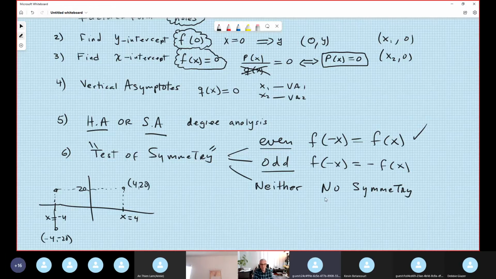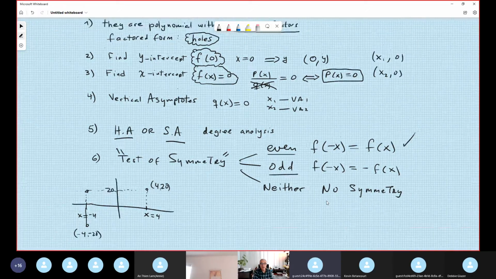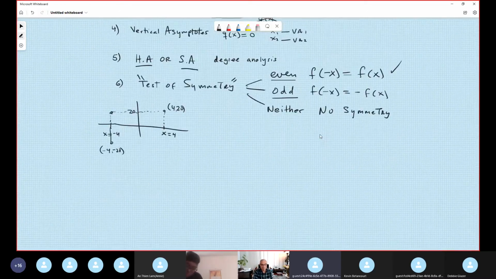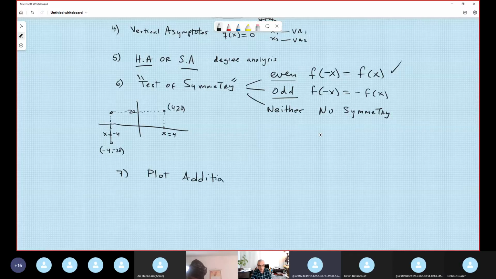Okay. And finally, the number 7 step is compute and plot additional points. Okay, professor, I understand, but how many additional points?